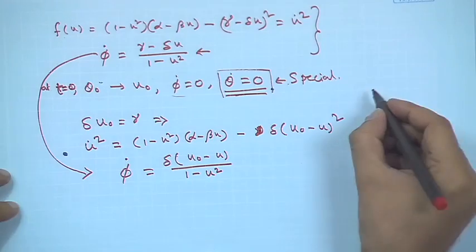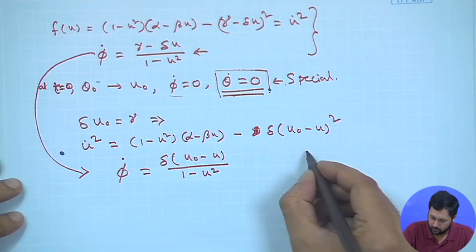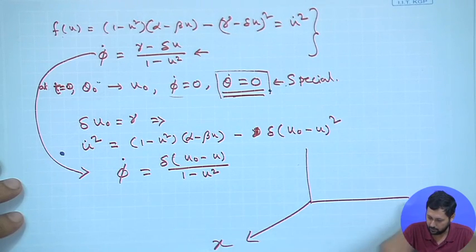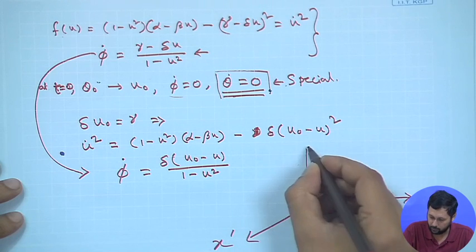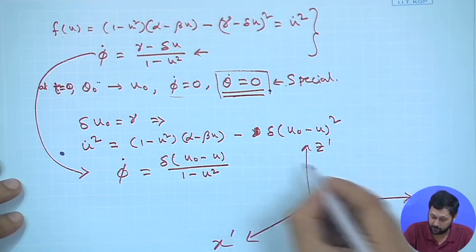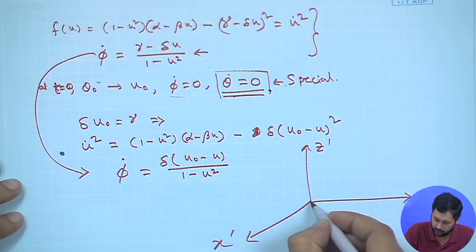What I mean is, we can release the top. I will just draw it again, maybe that will be easier for you. So, this is my axis x prime, y prime, z prime. All the discussion is in terms of the space frame, I am saying it over and over again.